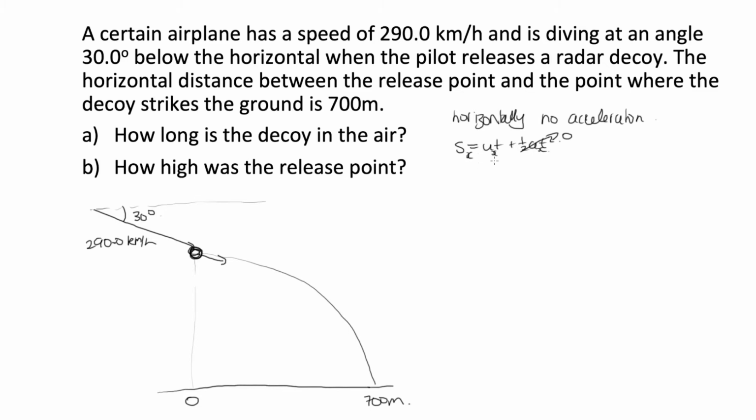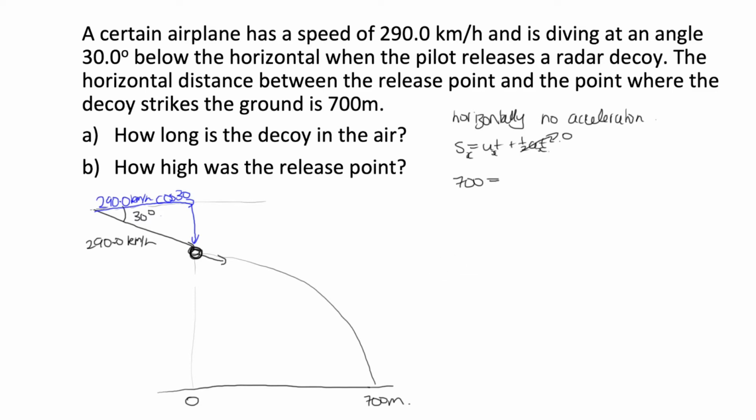So it's just traveling at a constant horizontal velocity, and we know it goes 700 meters horizontally. We can also work out the initial x component of the velocity. Breaking the initial velocity into x and y components, our x component is 290.0 kilometers per hour times cos of 30.